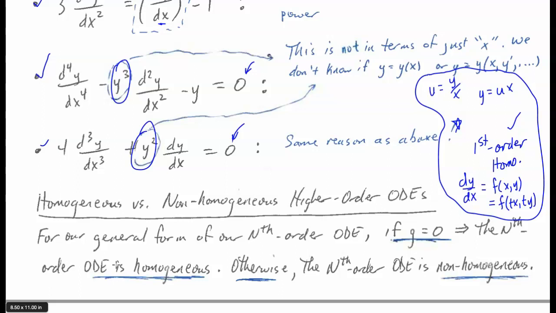If it's something other than 0, like a function of x or whatever, then it's considered to be non-homogeneous, okay? So just know from now on, when we talk about homogeneous ODEs and we're talking about second order and higher, all we're saying is that whatever the ODE is, it equals 0. And if it's some ODE where on the left side it's something, and then it equals a function of x on the other side, then it's going to be non-homogeneous.